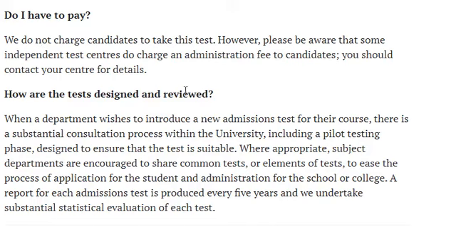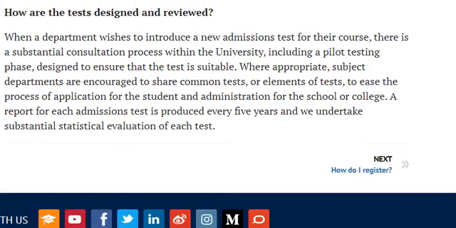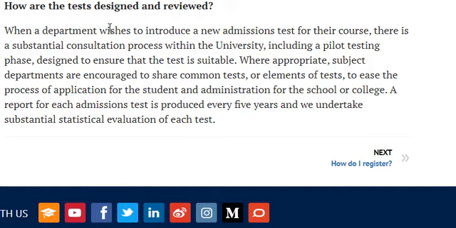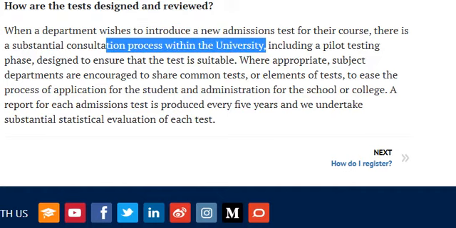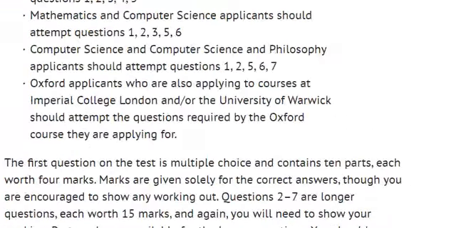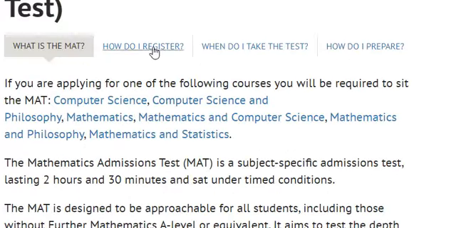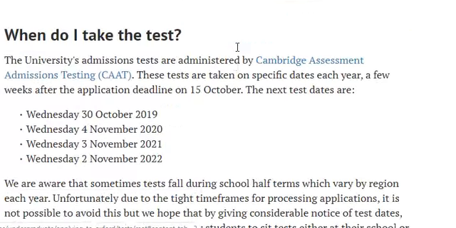How are the tests designed and reviewed? When the department wishes to introduce a new admission test for the courses, there is a substantial consultation process in the university. How do I register? If you just click on this, how do I register, then you can easily register for the test. When do I take the test?